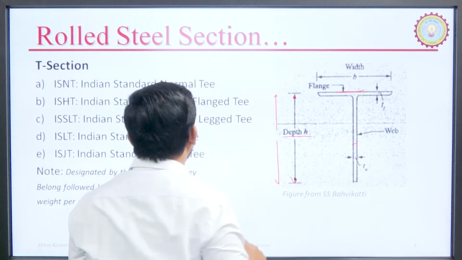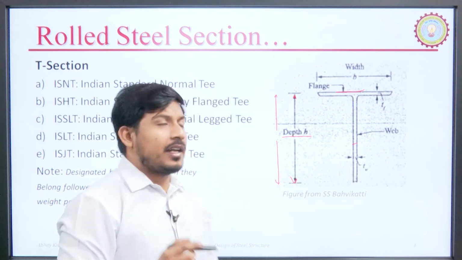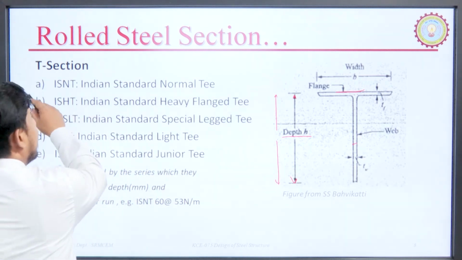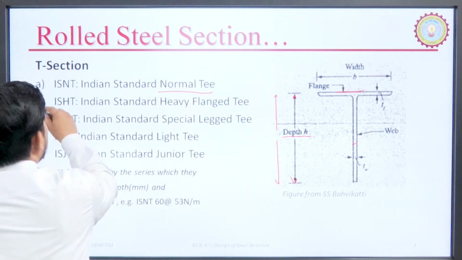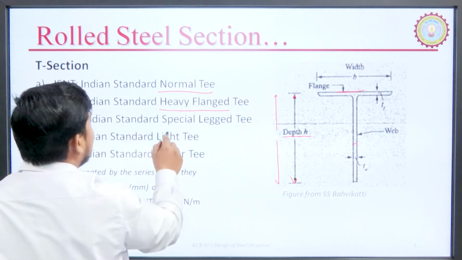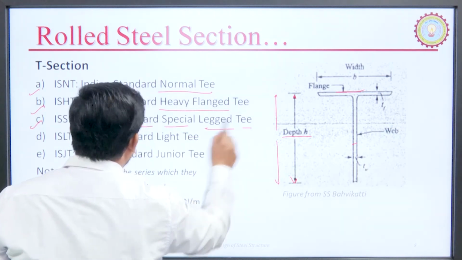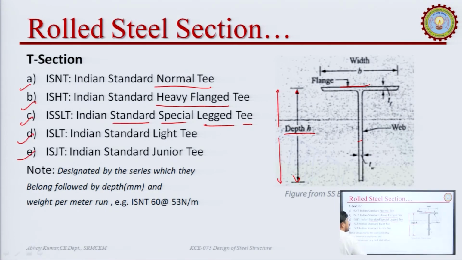Now, this T section also comes in different series like ISNT. ISNT stands for normal T, ISST stands for heavy flange T, ISSLT stands for standard slit legged T, and similarly ISLT, ISJT. You can read it from here.